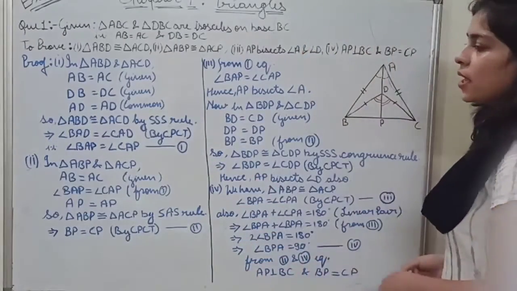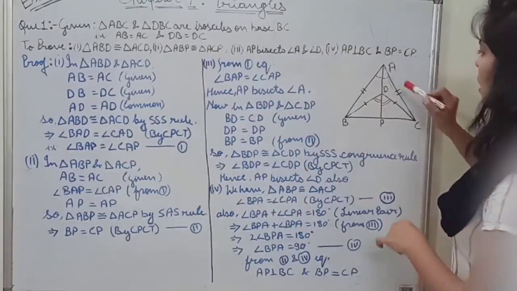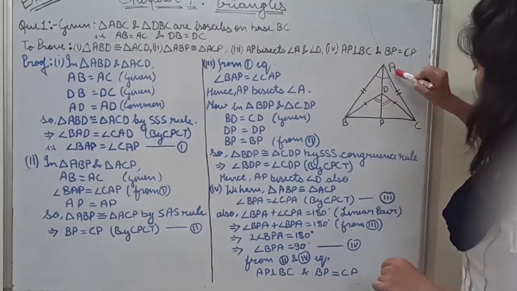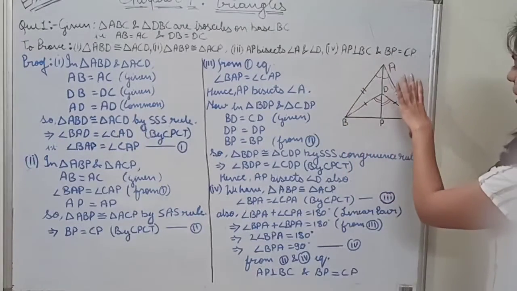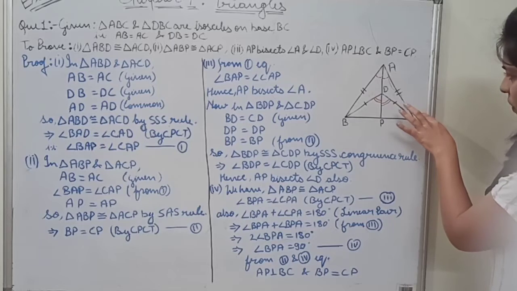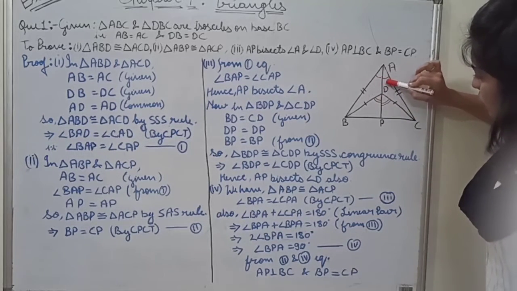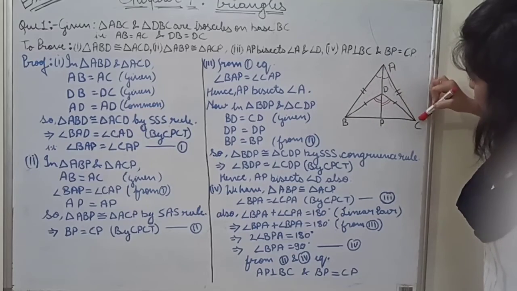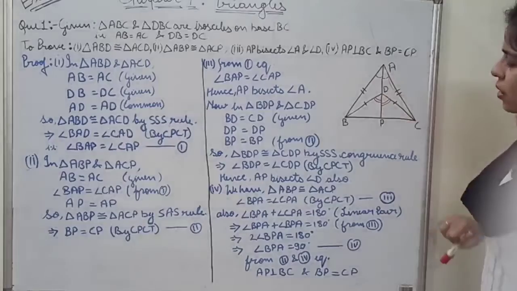Okay. See, next point is ABP congruent to ACP. In triangle ABP and triangle ACP, AB is equals to AC. Okay, and see, this angle we got equal to this angle. BAP equals to CAP from the first equation, and AP is the common side.